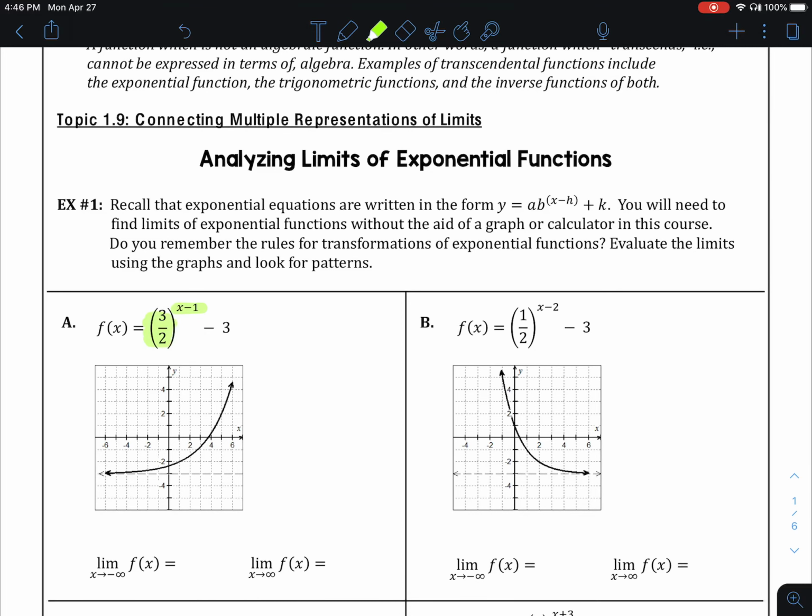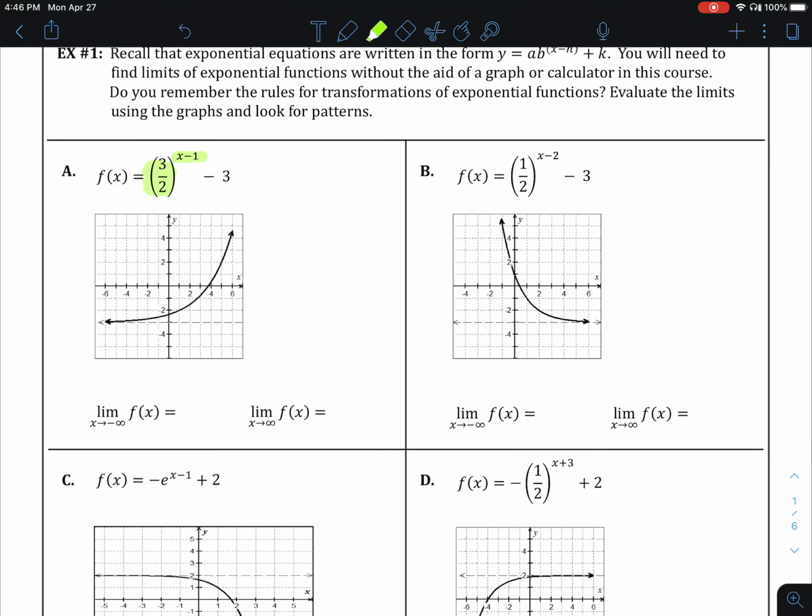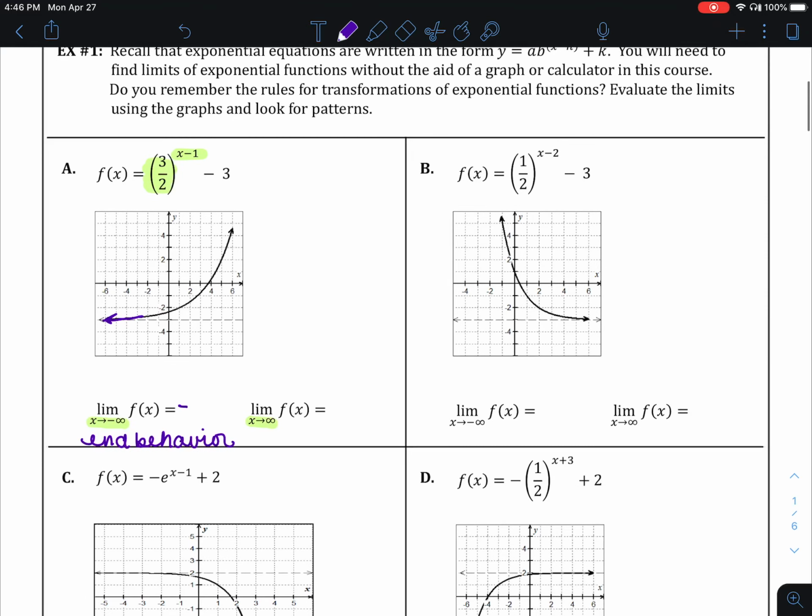And so let's talk about the limit as it behaves. Anytime you see limits to infinity, we are talking about what we call end behavior. So how is the function behaving at the end? And so as we approach negative infinity, we see this transcendental function going to -3.